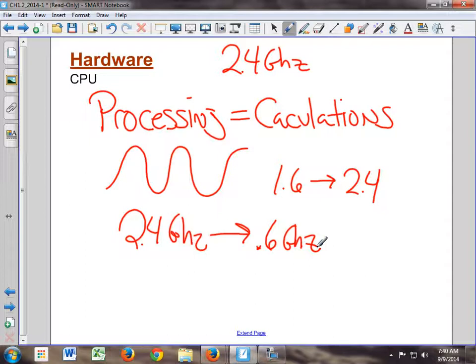The CPU would slow from 2.4 gig to 0.6 gig. It's really drastic how much that sucker will slow down. And that's because this power supply is too low wattage, and the CPU says, whoa, you don't have enough power for me, so I'll just slow down.